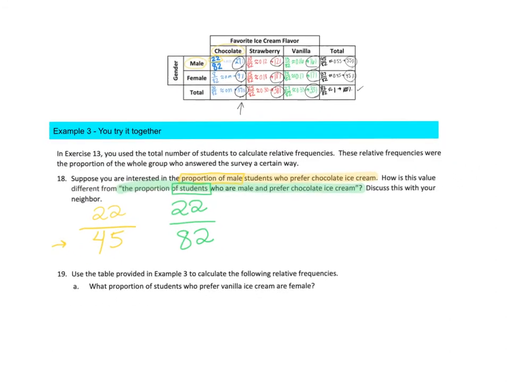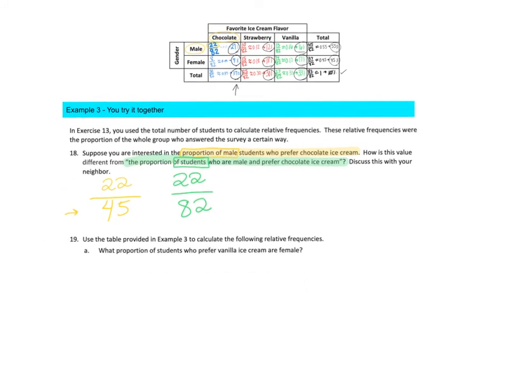So this is how these two are different. One of them is asking you for the proportion of male students. One is asking for the proportion of students. Okay? We have the same numerator for both of these, but our denominator is different because we're talking about a column relative frequency versus a row relative frequency.